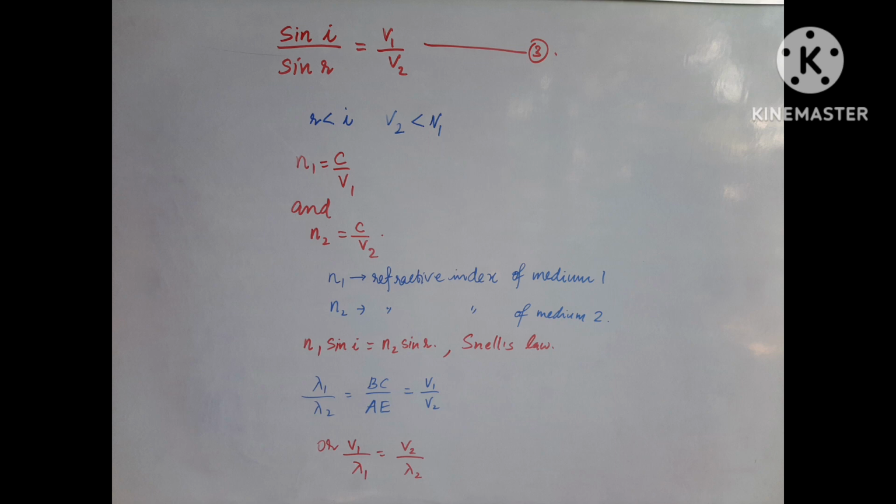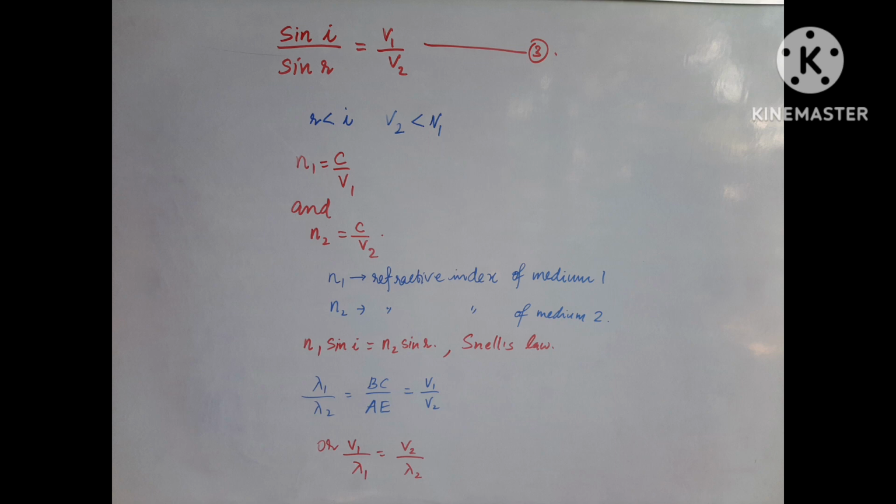So if the light travels from rarer to denser, velocity decreases. The actual experiment shows this relation, so that we can verify the wave theory suggestions are correct, and we can say that corpuscular theory suggestions are wrong. So we confirm that wave theory is useful in such an assumption.